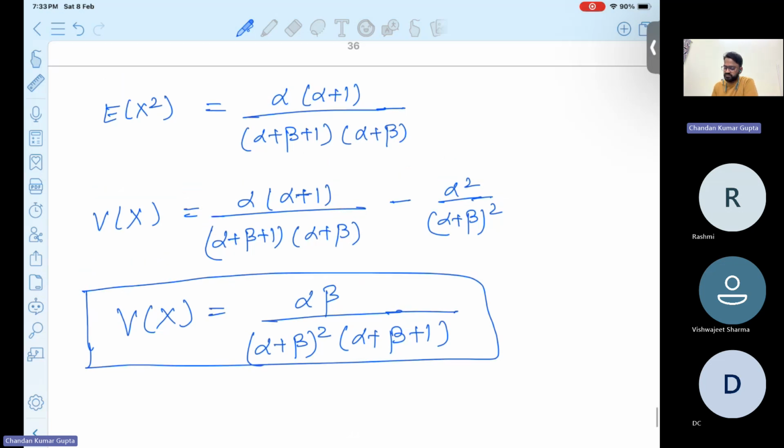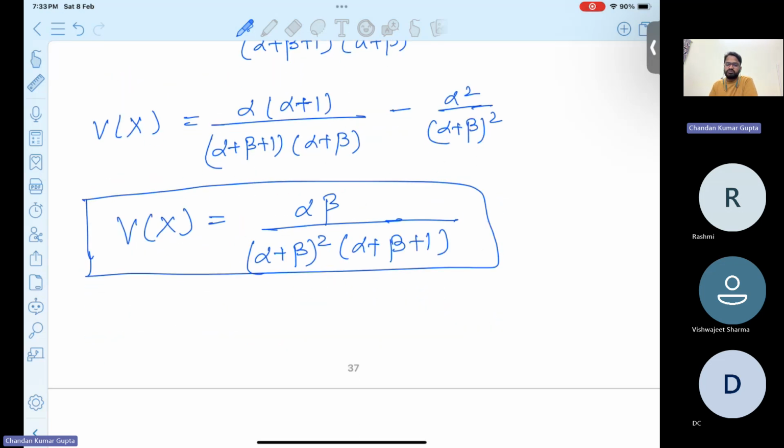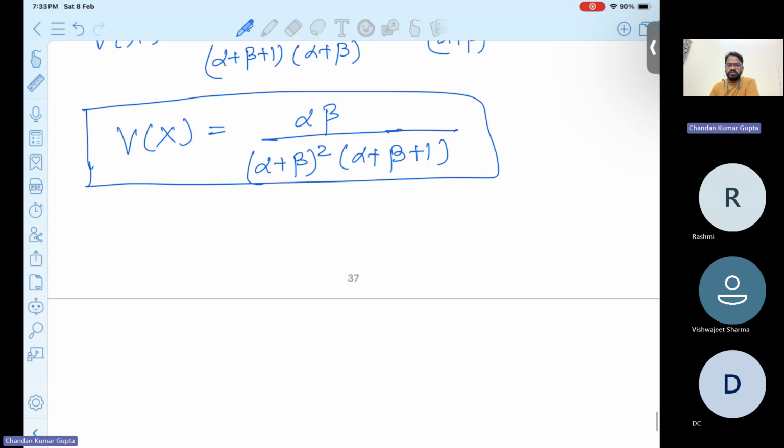This random variable is nothing but the beta distribution. This is a beta distribution which we generally use in Bayesian analysis, or even in classical analysis as well. So for the beta distribution, the PDF, and the mean and variance we have already calculated.